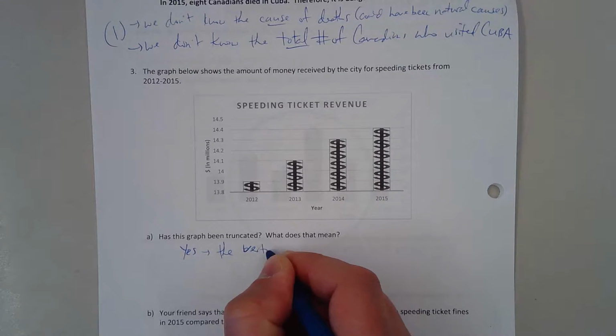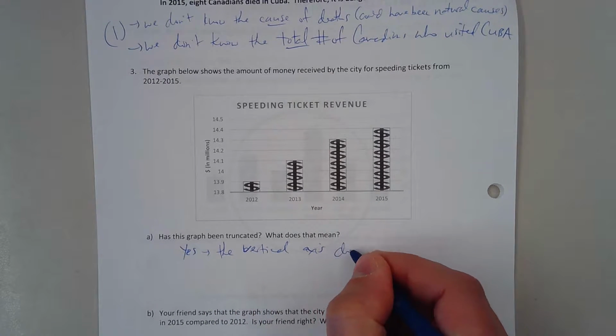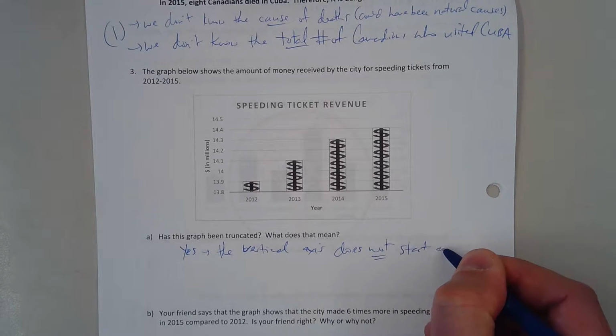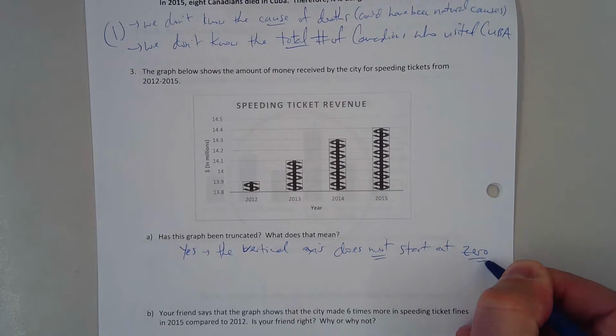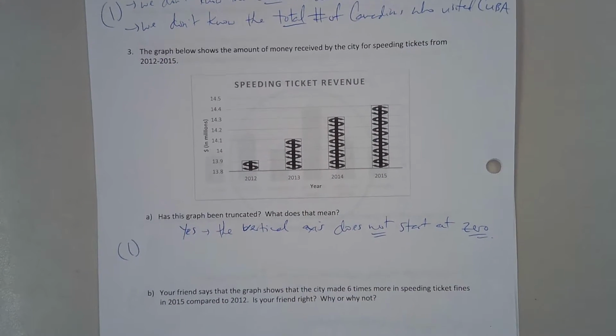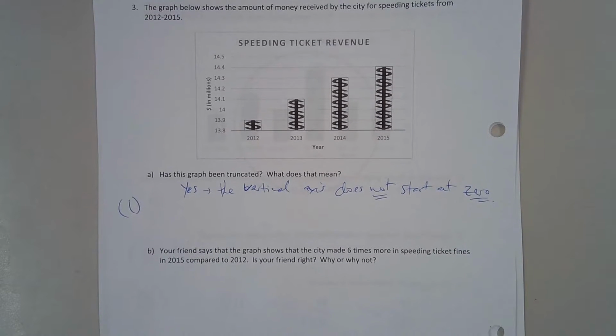The vertical axis does not start at 0. So it's been truncated, it's been cut. There's a mark for that: half for saying yes, half for explaining what that means.